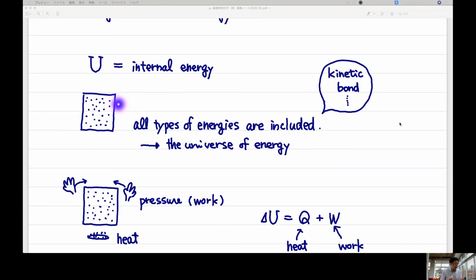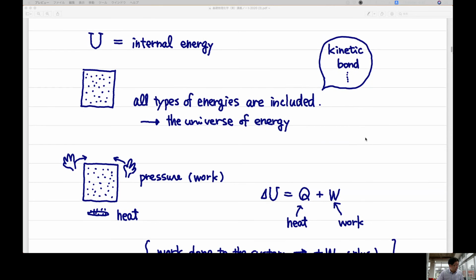That means the bonding energy is included. Okay, and you can change the internal energy by adding pressure or heat like this.